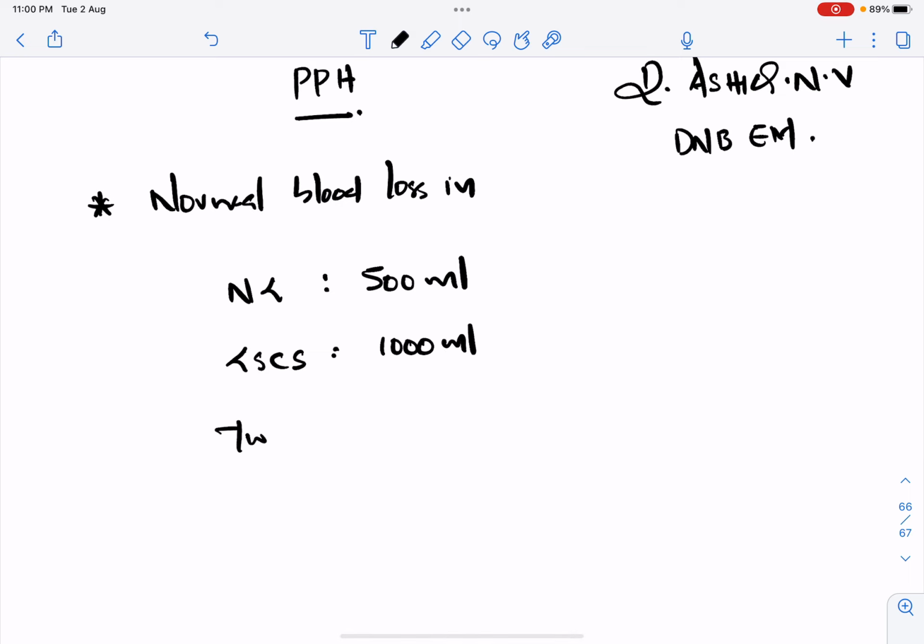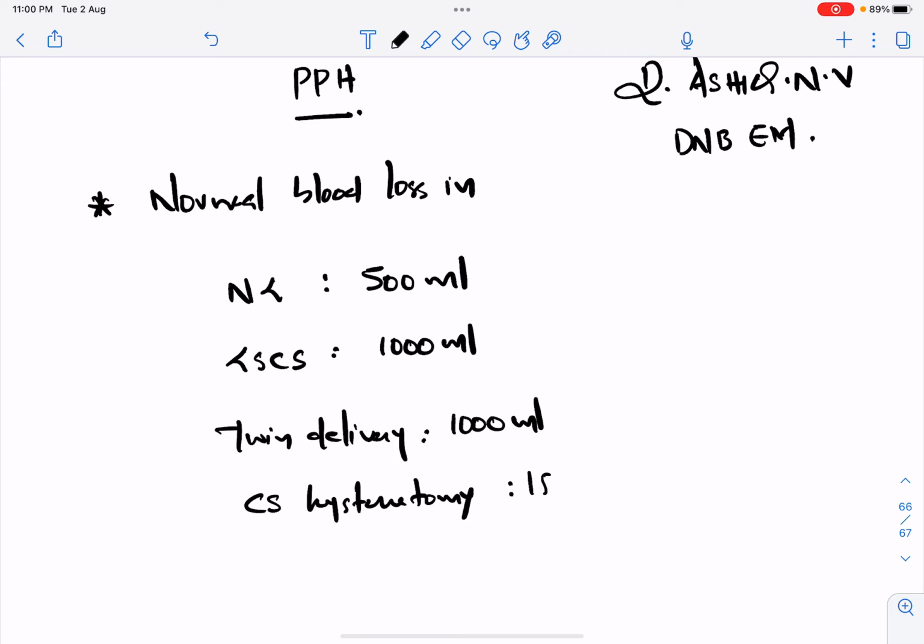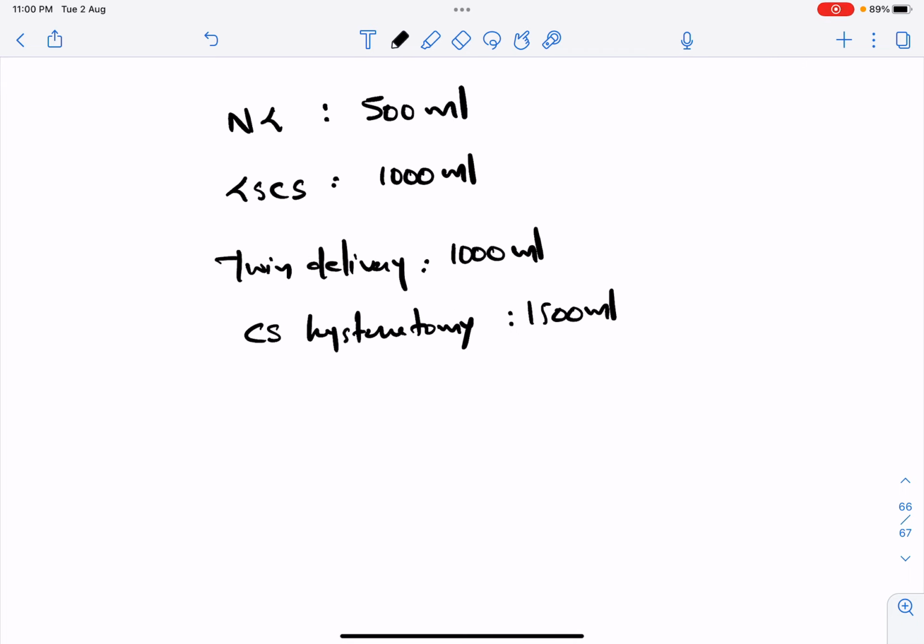For twin delivery, it is again 1000 ml. For cesarean hysterectomy, it is 1500 ml. Anything more than this is PPH, postpartum hemorrhage.